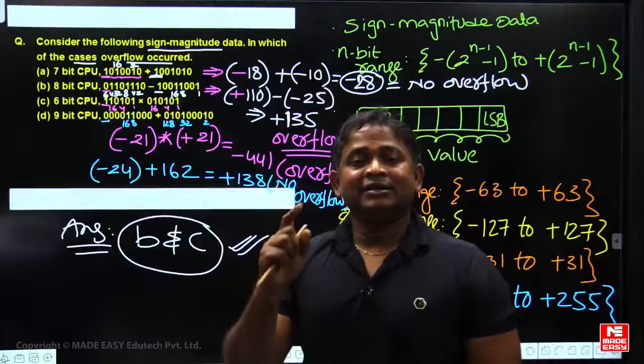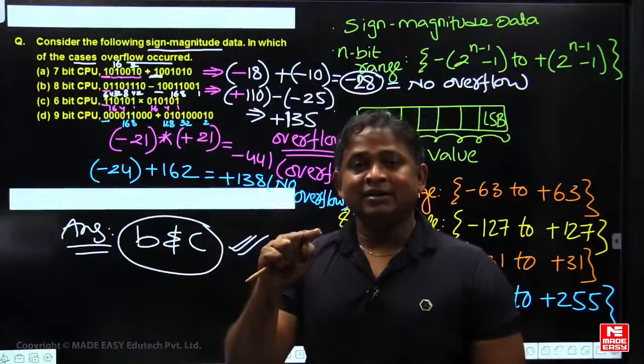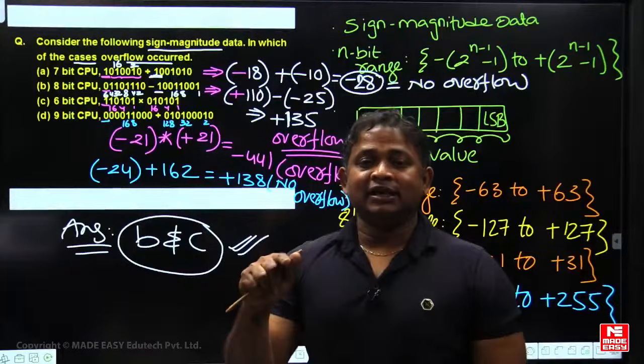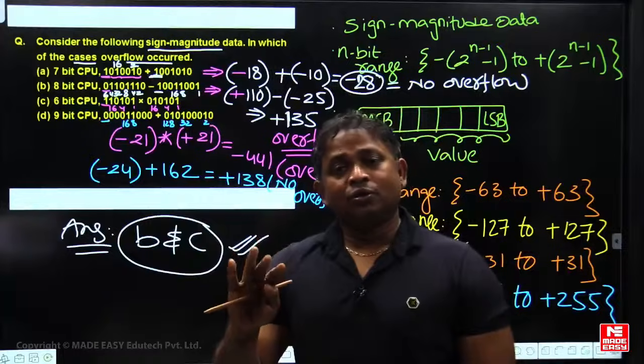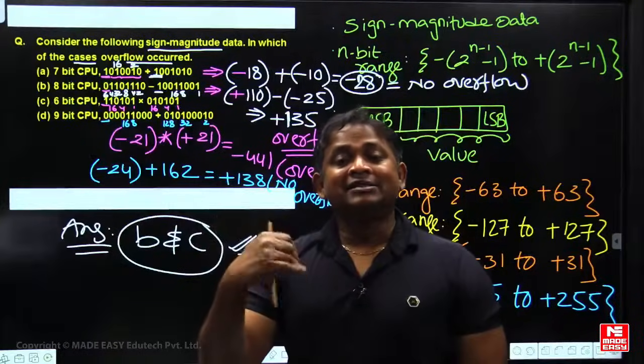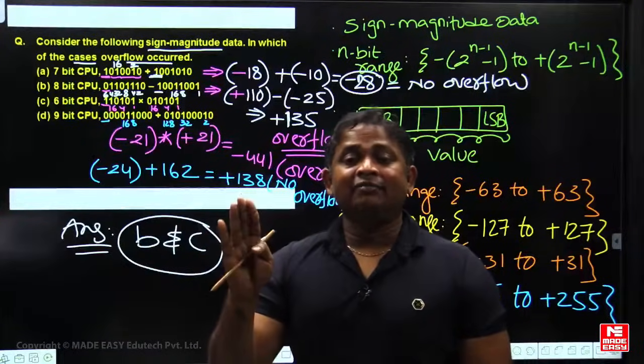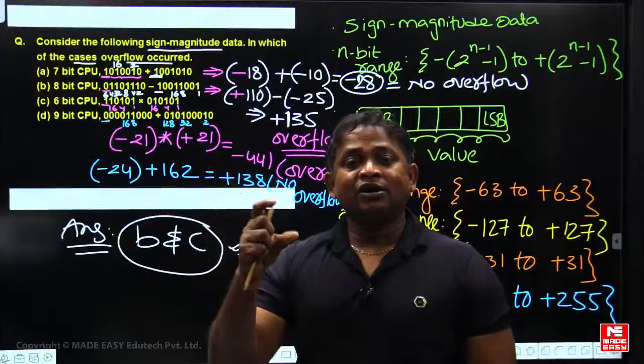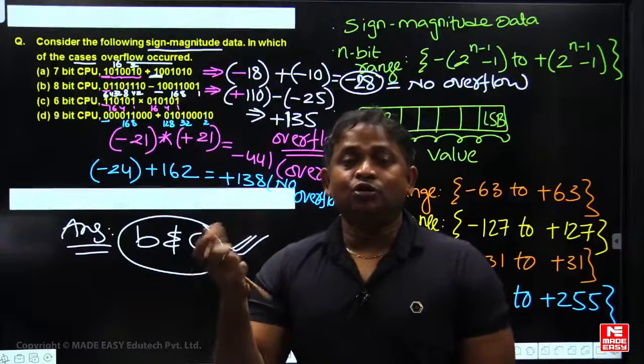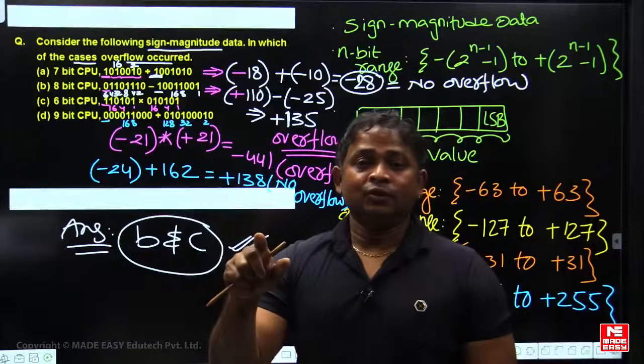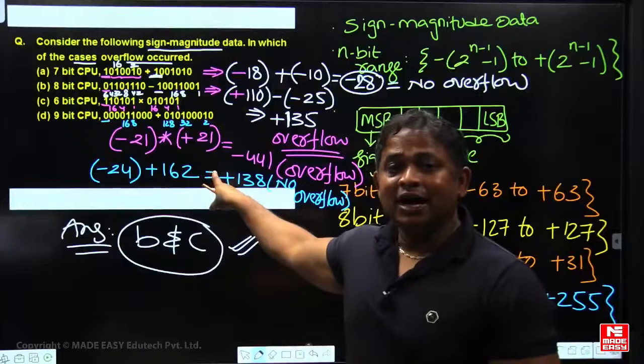Or you can say, when same-sign data is added and the result contains the opposite sign, that is overflow. So for unsigned and signed numbers, we directly have carry flag and overflow flag conditions to indicate the overflow.